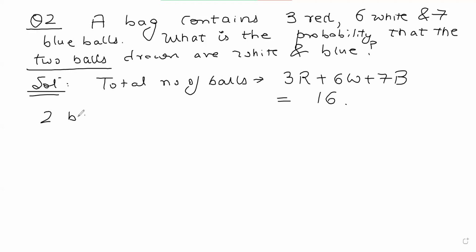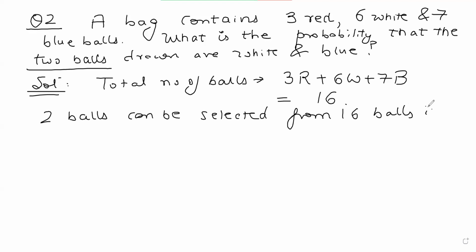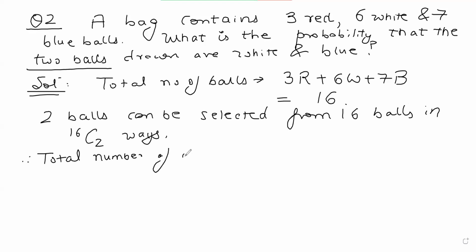2 balls can be selected from 16 balls in 16C2 ways. Therefore, my total number of outcomes is 16C2, since from 16 total balls I need to select 2 balls.